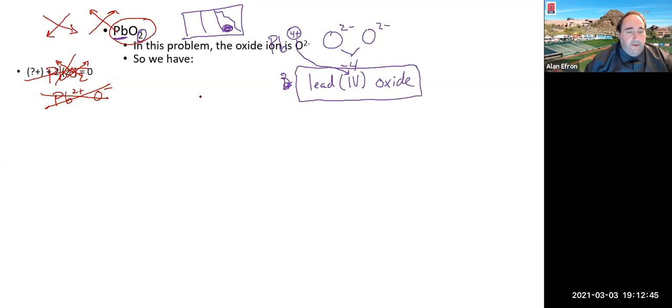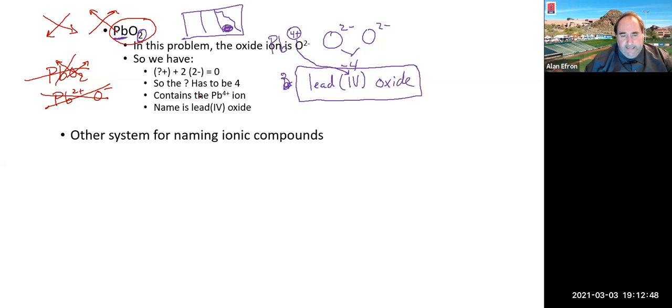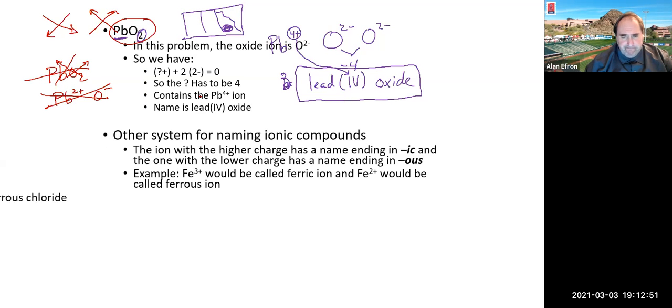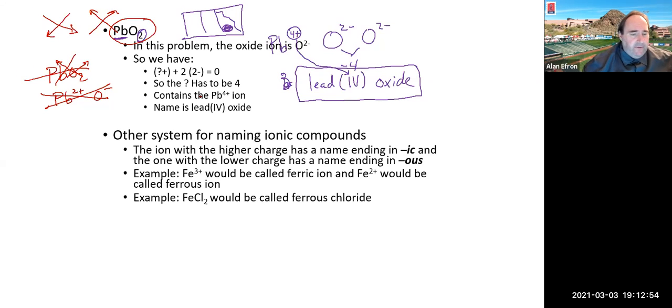Okay, so we've been talking about nomenclature, and a couple of things. As I mentioned earlier, if you have an ion by itself, so if you're asked to write the formula for a cation, it should include a charge. For example, the cation in the example we did above would be lead with a +4 charge. Because it's one of those that can have a variety of charges, if we were going to name this ion, it would be the lead Roman numeral 4 ion.